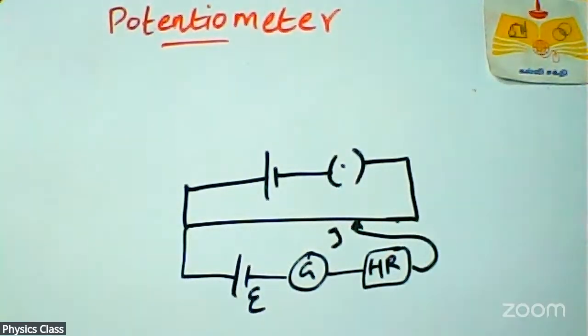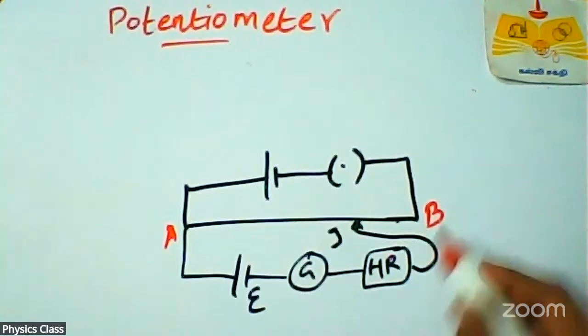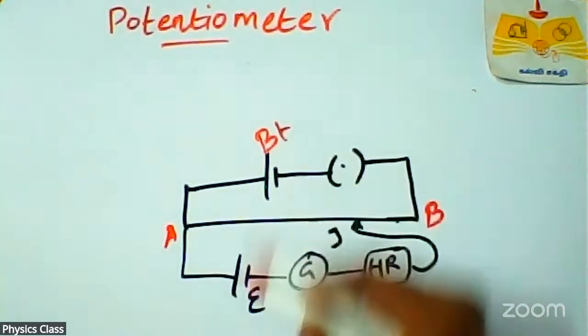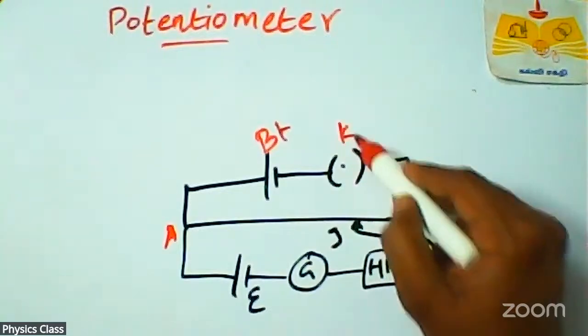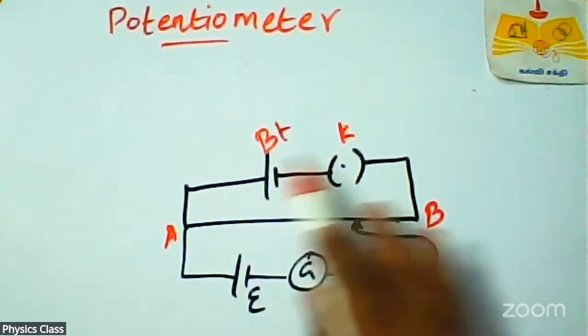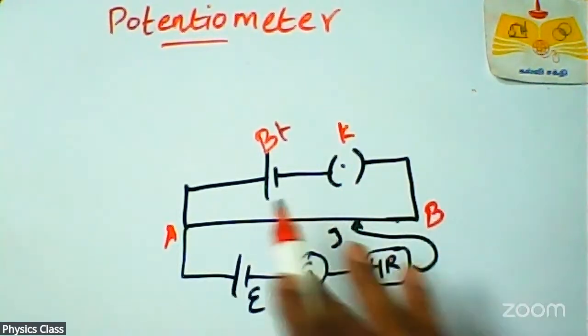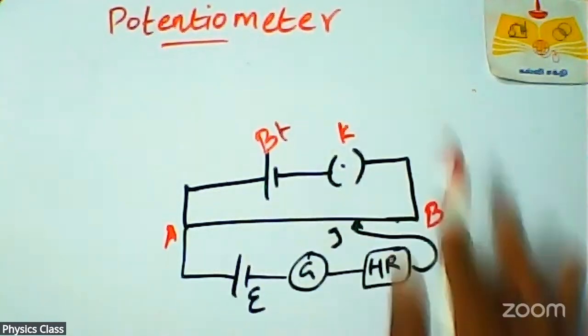This is the basic diagram for potentiometer. There are two ends, here one end A, here one end B. This is the battery, this is the EMF, this is the key. Key is used to close or open the circuit. Suppose the key is closed, current passes through the circuit. Suppose the key is opened, current does not circulate in that loop.